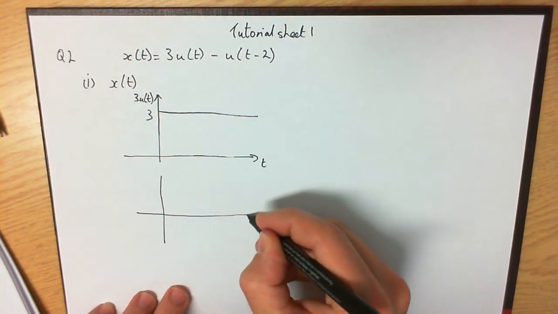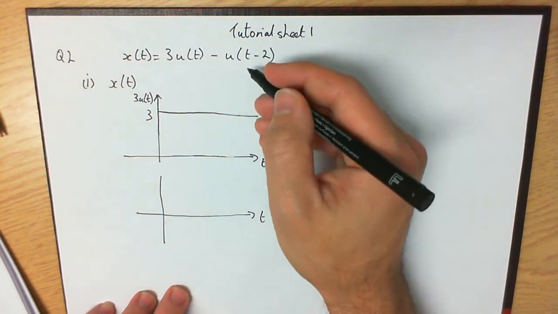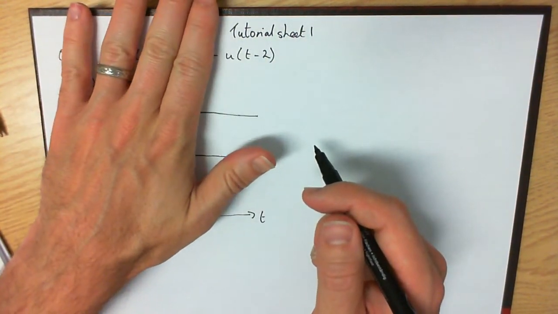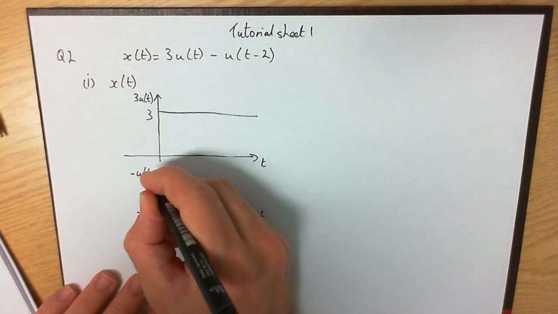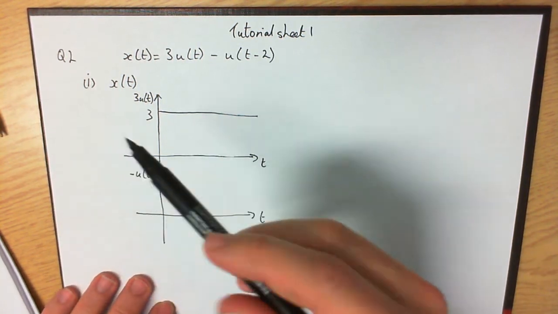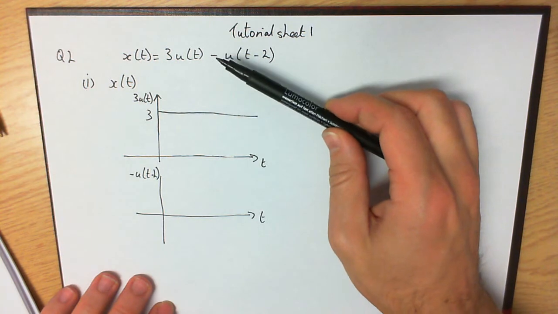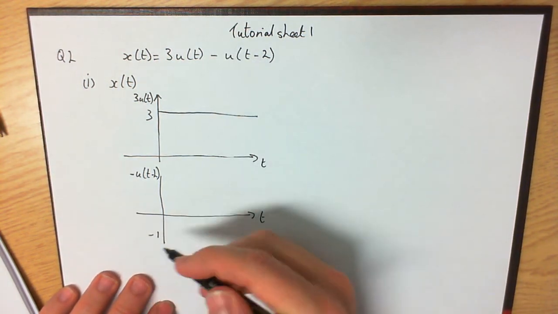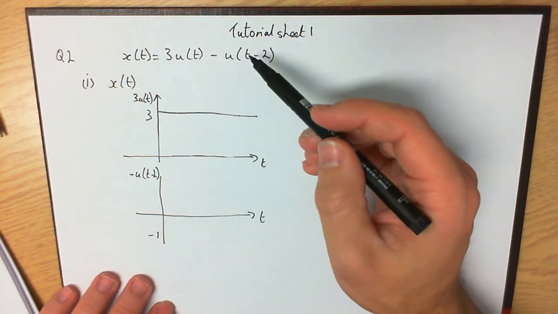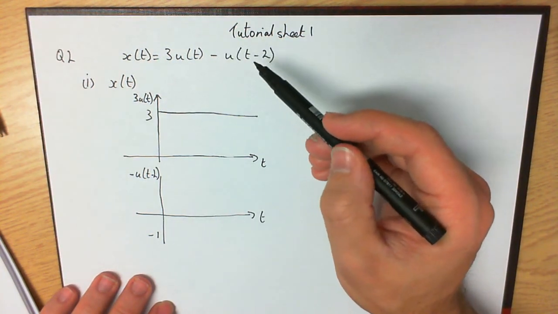If we look at the second part of that function, this is going to be minus u of t minus 2. Well, first of all, we know we've got a minus, so we're going to be looking at negative amplitude. And then how do we cope with this t minus 2?